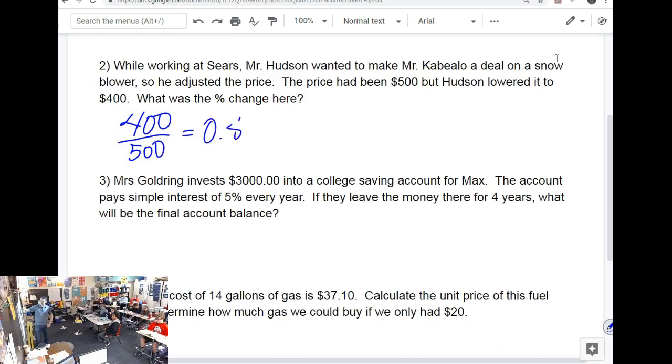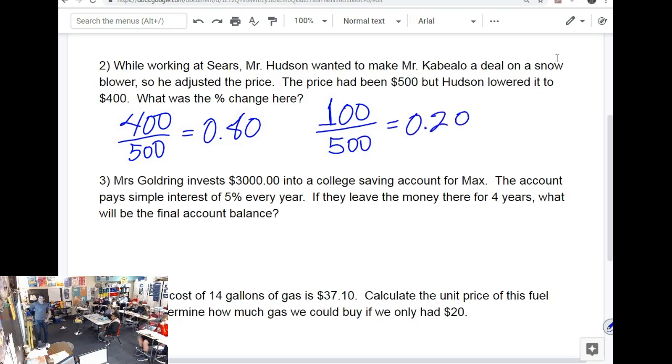Now, if I get a result of 80%, what does that actually tell me about the change that happened? It went down 20%, but again, you have to do the math. Or if we do it like we did in class, 100 divided by 500, that gives you 0.2, which when we move that decimal becomes 20%.